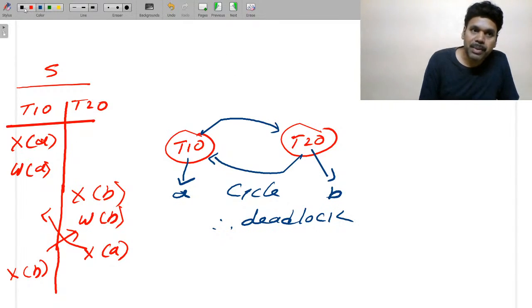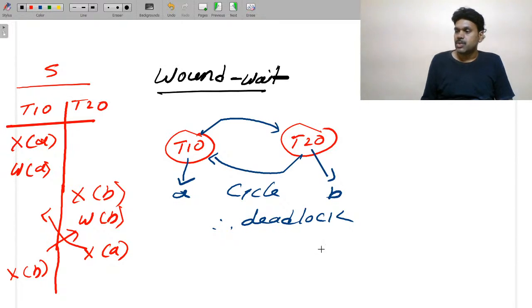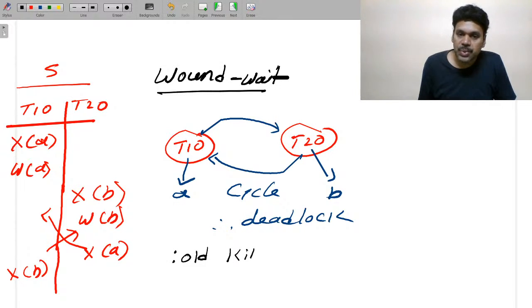So we want to apply wound-wait this time. So what is wound-wait? Wound-wait is nothing but old kills new and new waits.